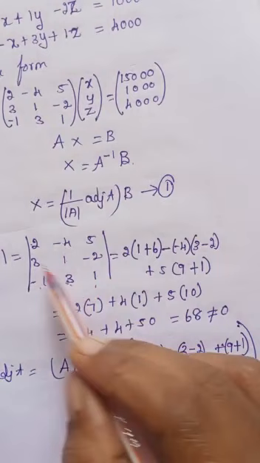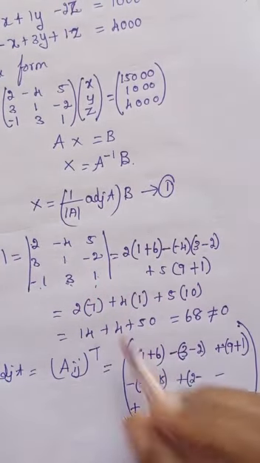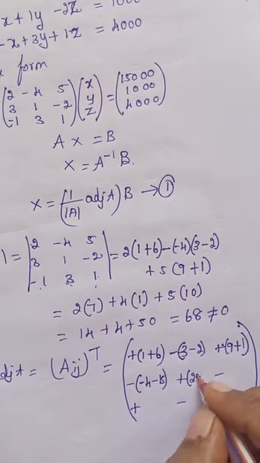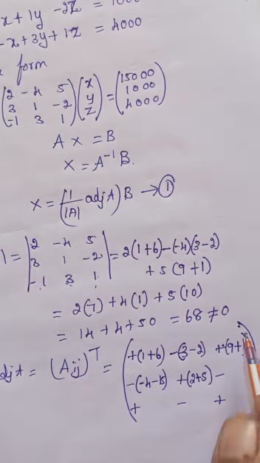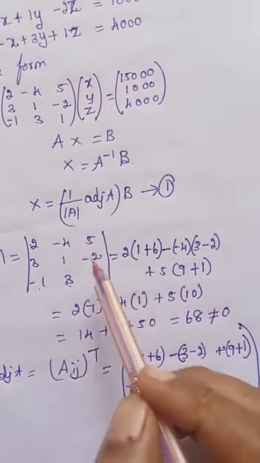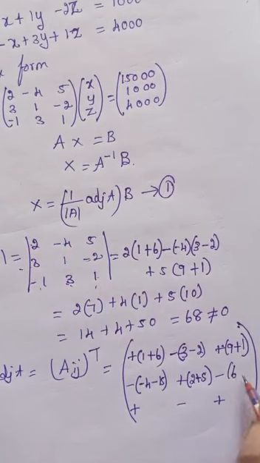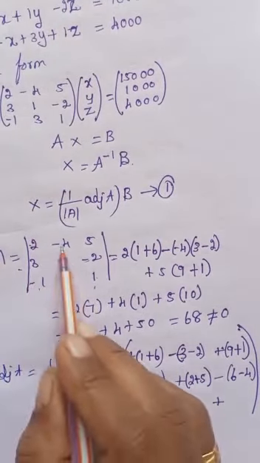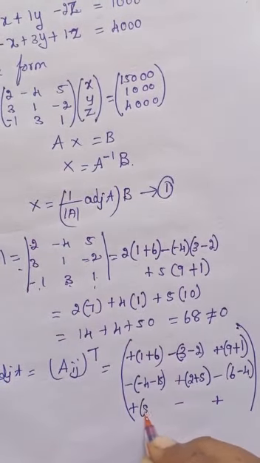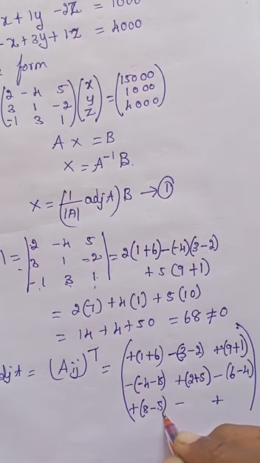And for this position, leaving the row and column, 2 into 1, 2 minus 1 into 5 is minus 5. It will become plus 5. And for this position, leaving the row and column, 2 into 3, 6, minus 1 into minus 4 is 4. Leaving the row and column, minus 4 into minus 2, 8, minus 1 into 5 is 5.